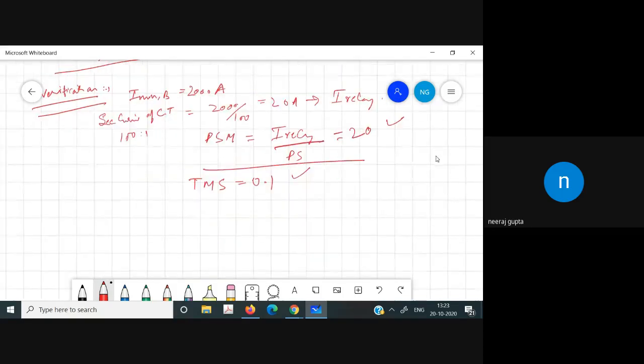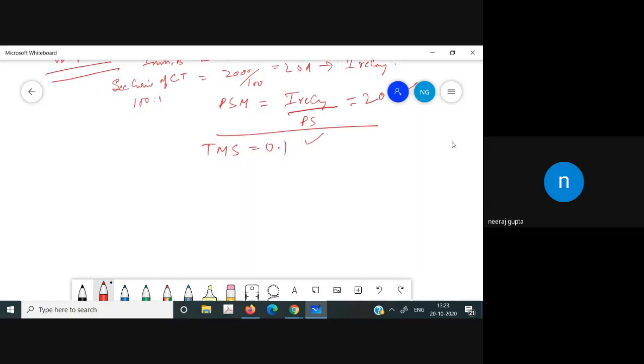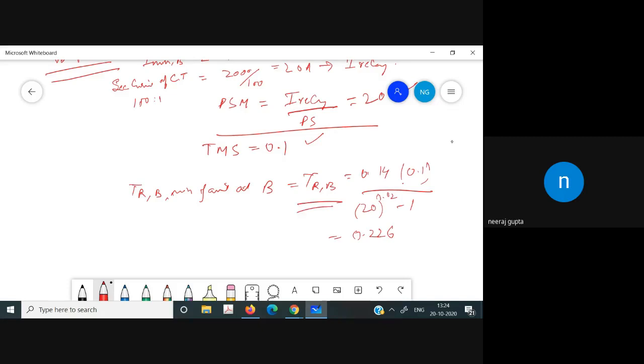Now substituting these values in the formula, we will get the time of operation of the relay B, that is TRB for minimum fault at B, which is equal to 0.14 into TMS 0.1 divided by 20 to the power 0.02 minus 1, which is equal to 0.226. So TRB is equal to 0.226.